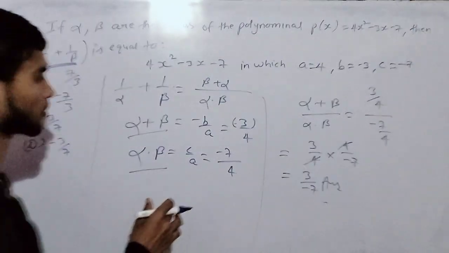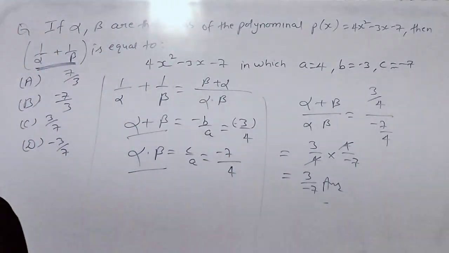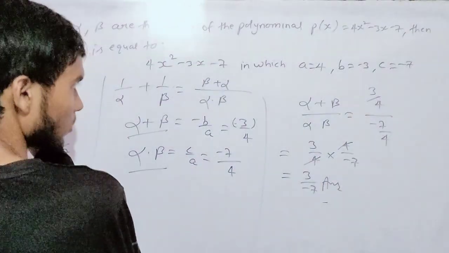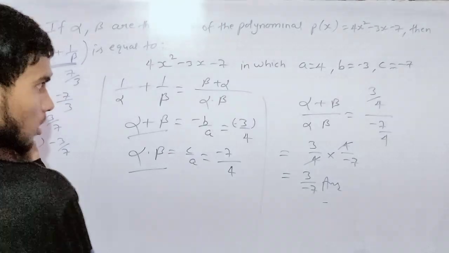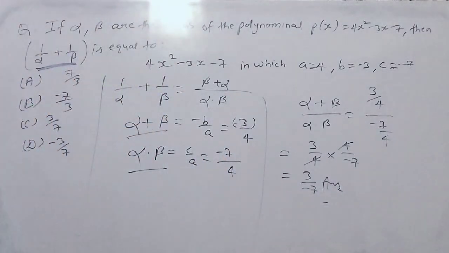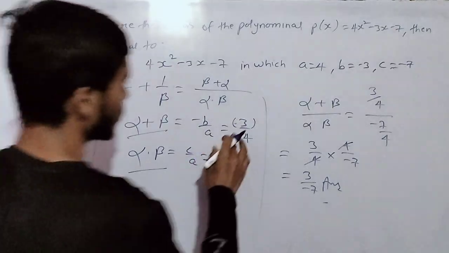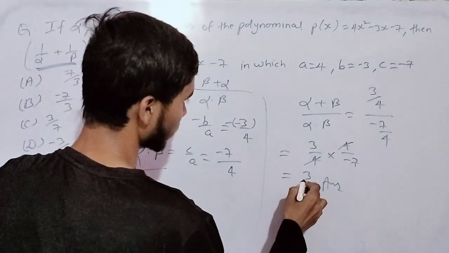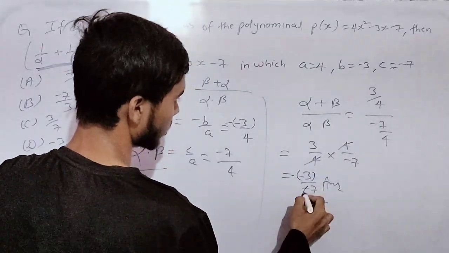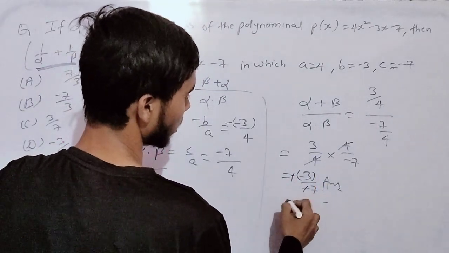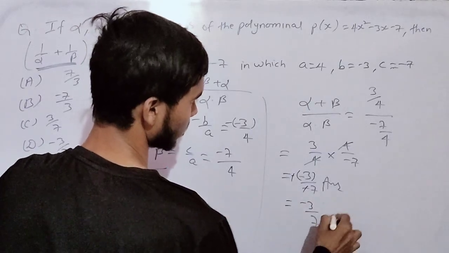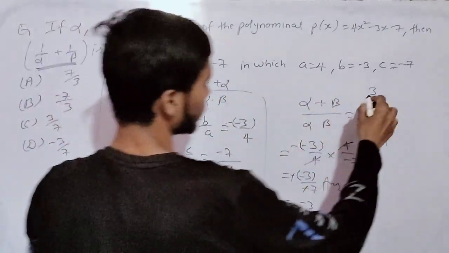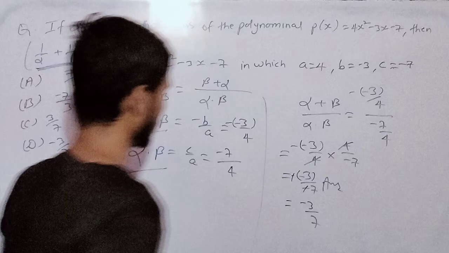Minus b upon a, and minus b upon c. So 3 upon minus 7 it is equal. If we take this minus this, then this and this will cancel. Then we will have minus 3 upon 7, like that. Clear?